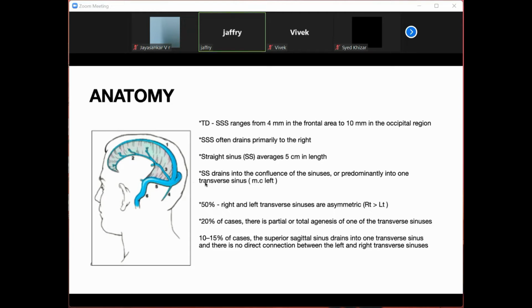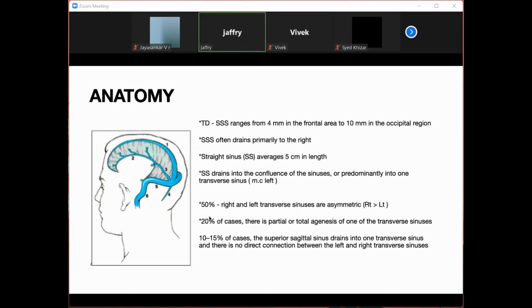The straight sinus drains into the confluence of the sinuses, predominantly into the transverse sinus on the left side. The superior sagittal sinus usually drains towards the right, then the right sigmoid and IJV. In 50% of cases, the right and left transverse sinuses are asymmetric. This is common.